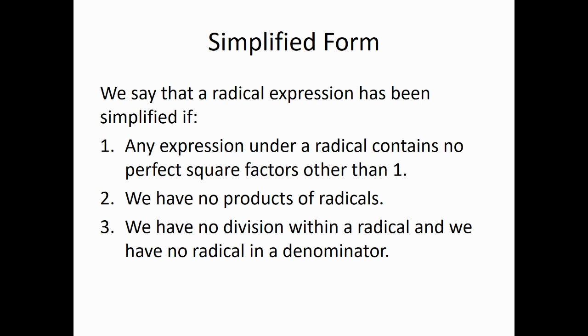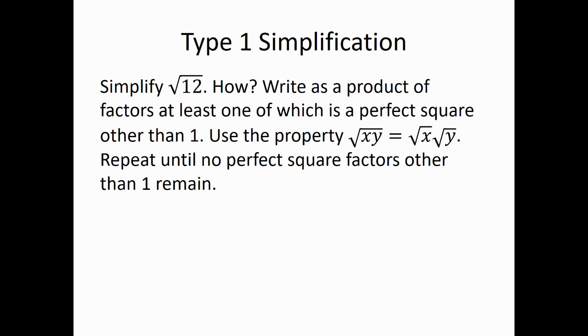Second, I don't want you to have a product of radicals, so I don't want like one radical times another radical. And then finally, I don't want division within a radical, under a radical, and I don't want a radical in a denominator. Now, what we're about to do is look at examples of all of these where you can simplify and so not violate any of these three rules about simplified radicals.